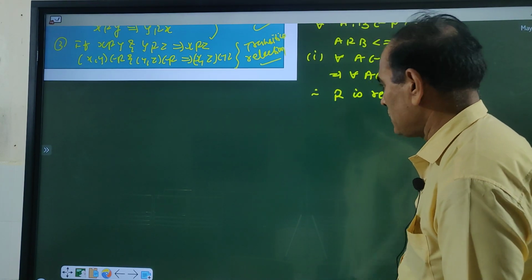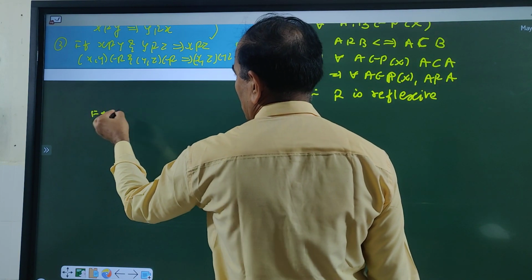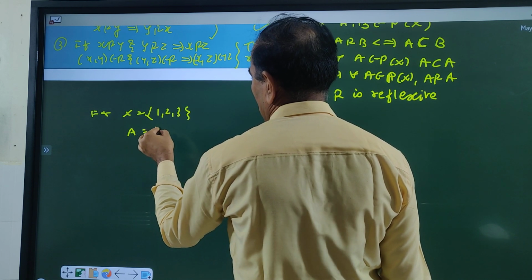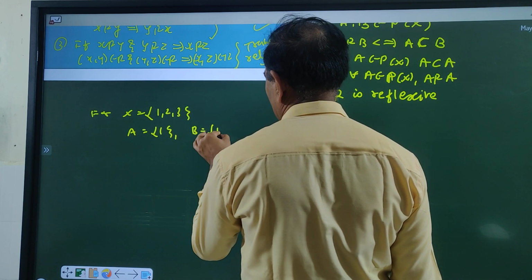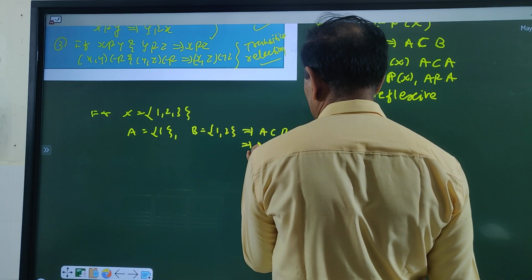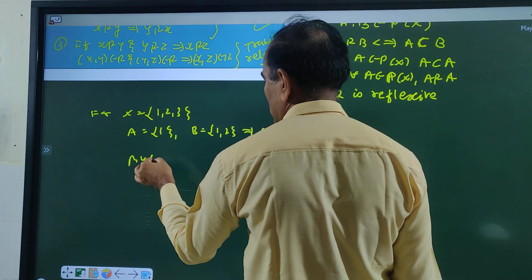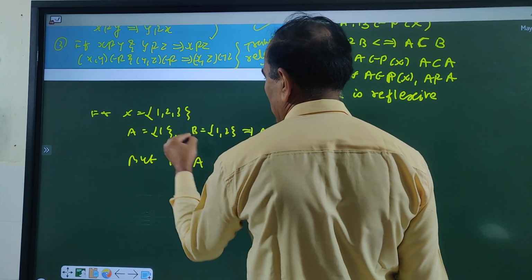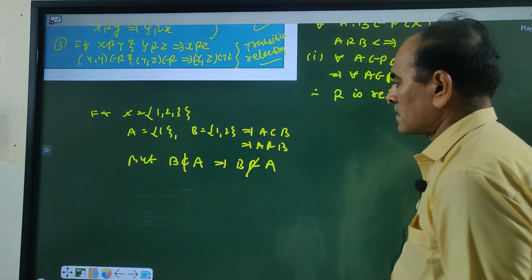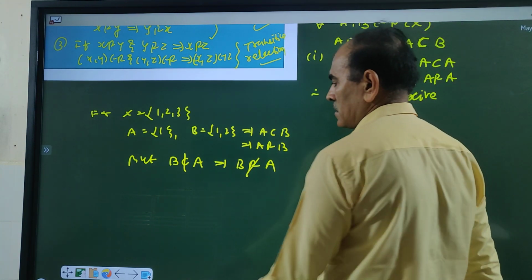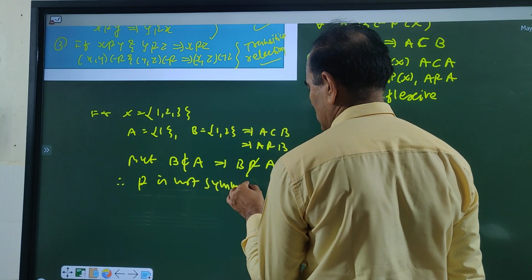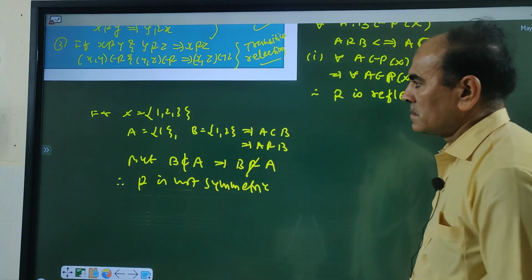For example, if I take X = {1, 2, 3}, A = {1}, B = {1, 2}, this implies A is a subset of B, but B is not a subset of A, implies B is not related with A, and therefore R is not symmetric. Clear?